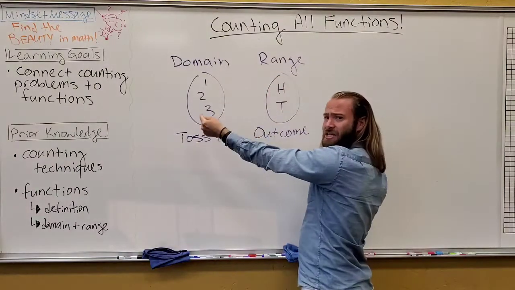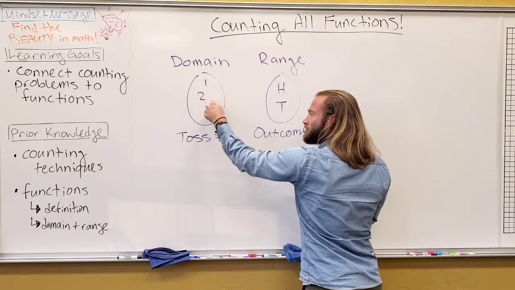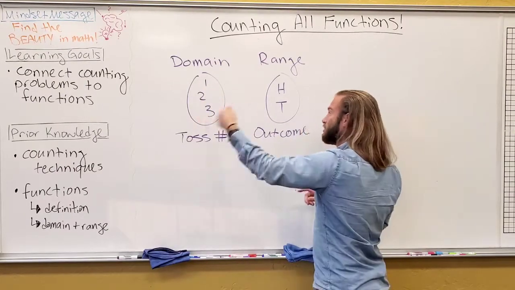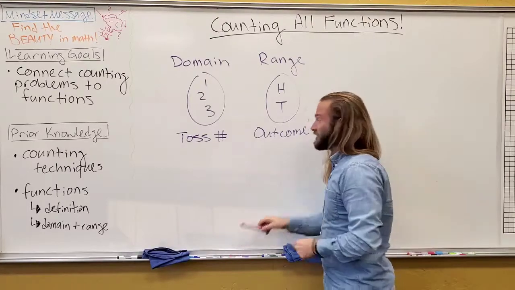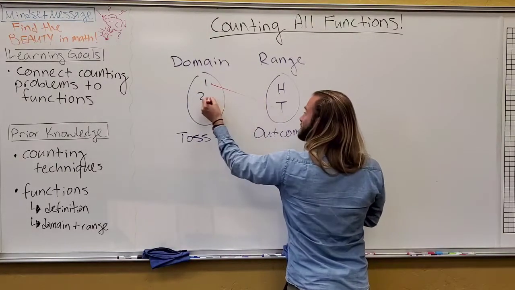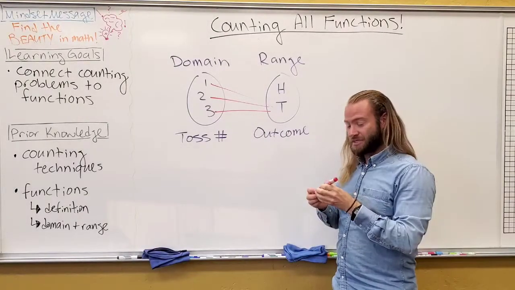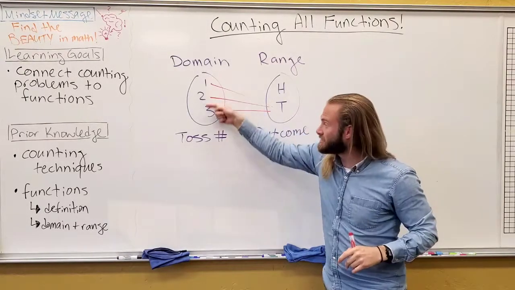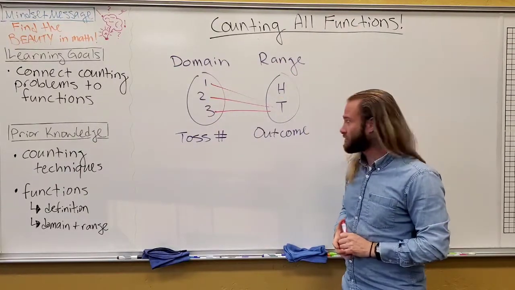Not everything in the range has to be matched to, and this should make sense to you because I could have 1, 2, and 3. All those tosses could be tails, for example, right? And that would represent one particular function. So if each of these all ended up as tails, that's one function because that's one relation between these elements in the domain and some of the elements in the range, okay?